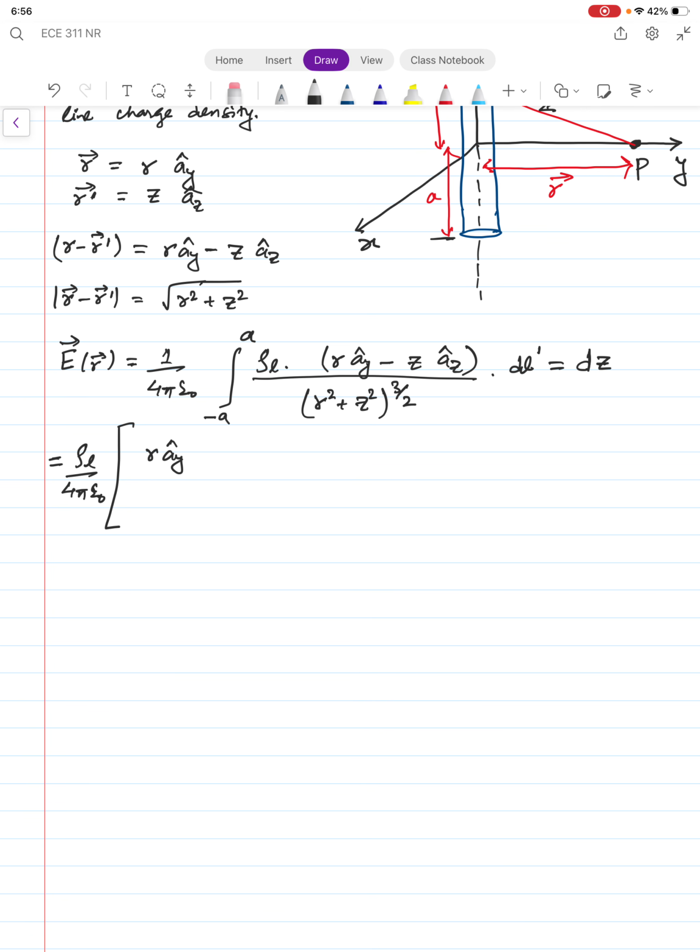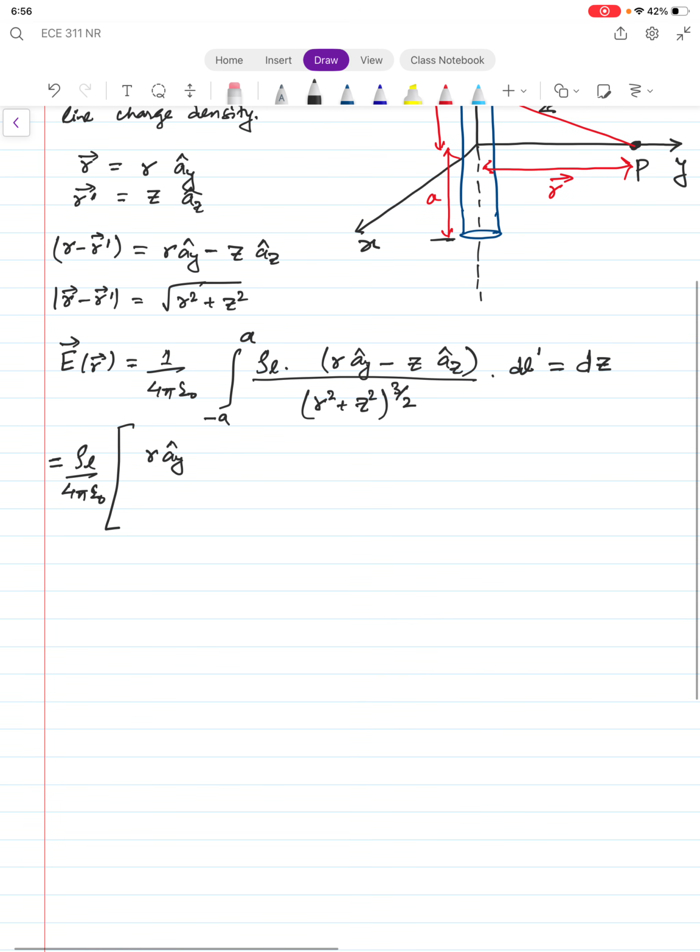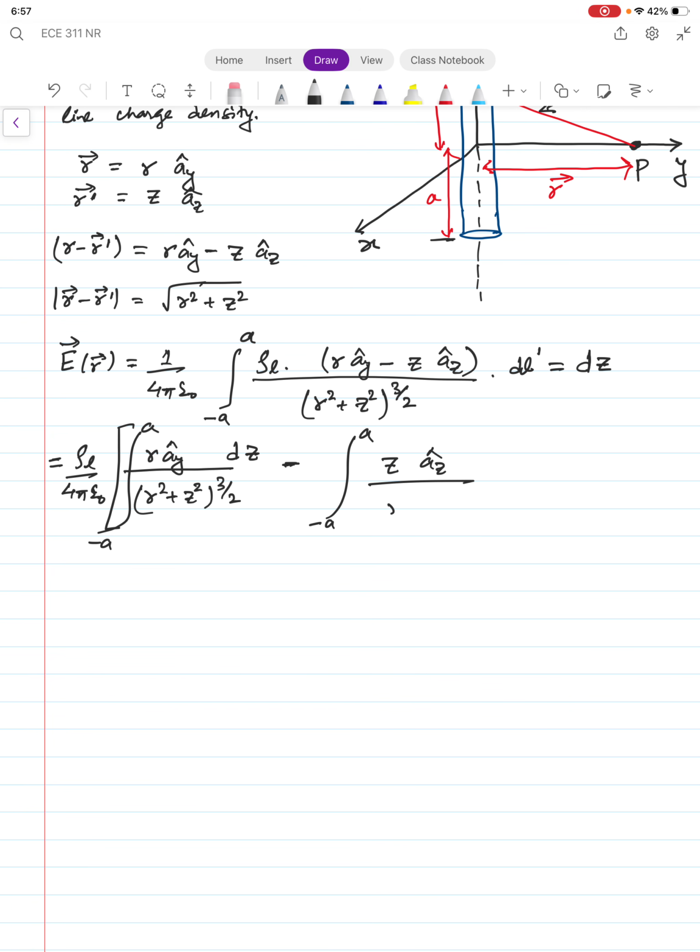R a_y divided by r square plus y square to the 3 by 2 dy. Okay, minus, forgot the integral, minus integral negative a to positive a of y divided by r square plus y square to the power 3 by 2 times dy.